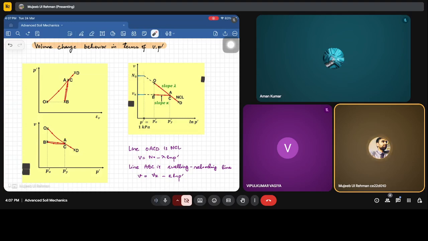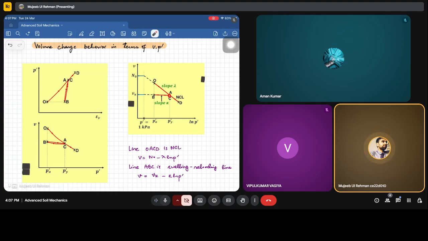Now from O to A, when we are doing the consolidation or the loading, it will follow the normal consolidation line NCL with a slope of lambda. Please remember that in the e versus log p it was Cc. Here we have lambda, which represents the slope between the specific volume and log of p'.